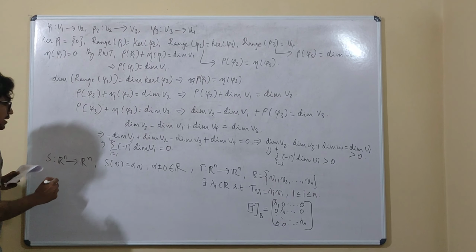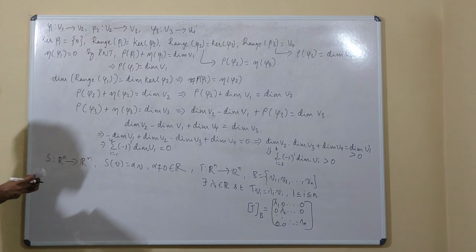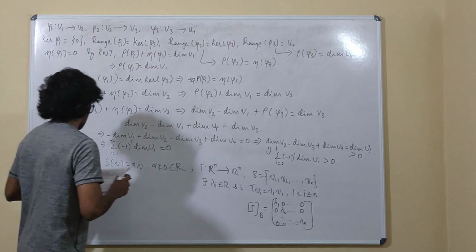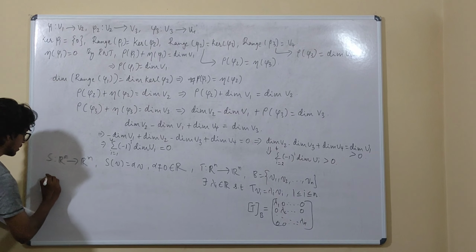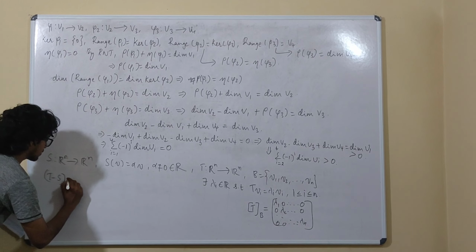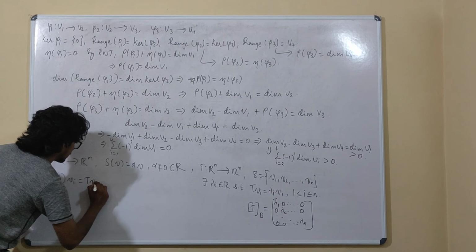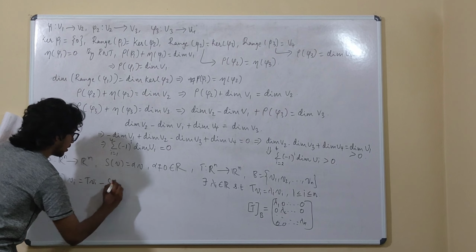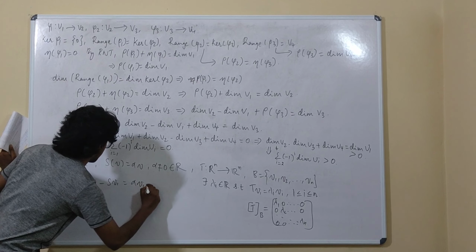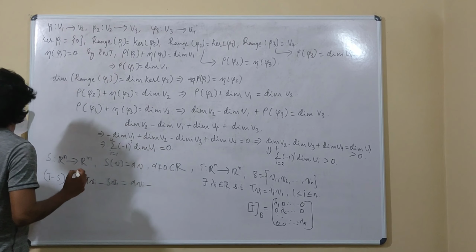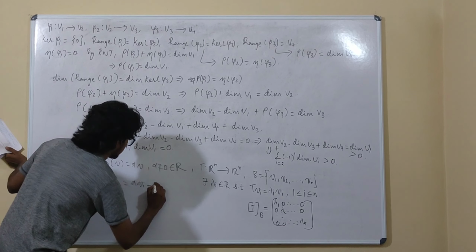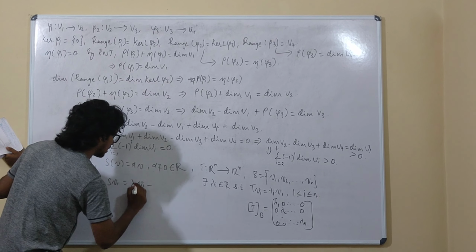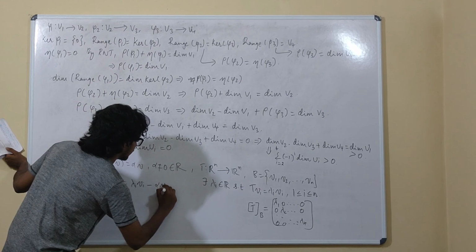Now we will have to check the second option, that is the matrix of T minus S with respect to this basis. Okay, let us consider T minus S with respect to this basis. This is T of Vi minus S of Vi. T of Vi is lambda i Vi and S of Vi is alpha Vi.